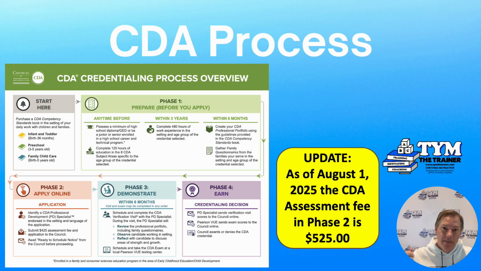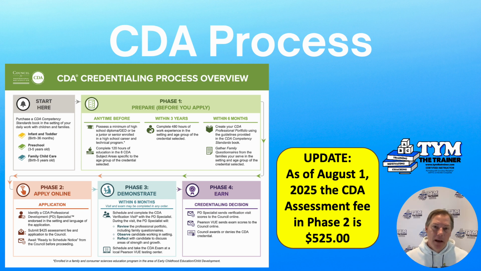You're going to go to the cdacouncil.org website and you will officially apply for your CDA. Again, whether you're using me, Tim the Trainer, or you're using any educational program, college, university, trade school, the process is the same, all right? The only people that issue your actual CDA credential is the Council for Professional Recognition out of Washington.